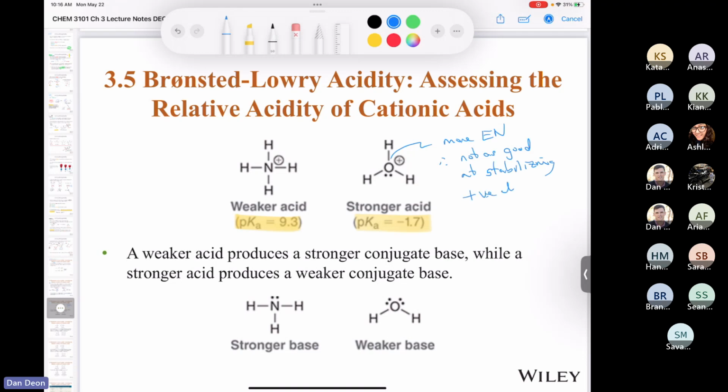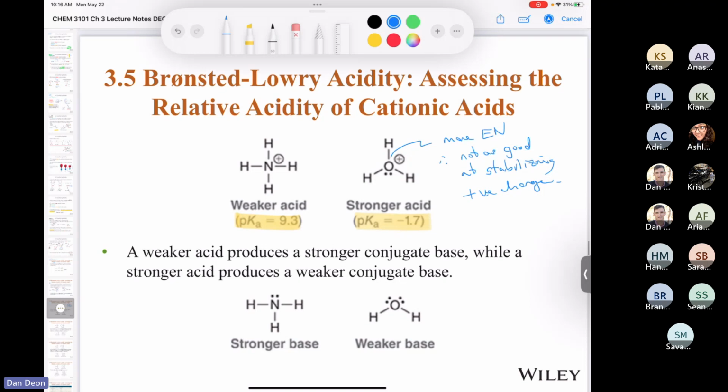positive charge. All right. So the conclusion is, if we have a weaker acid, the weaker acid is going to come from a stronger base, right? And the stronger acid is going to come from a weaker base. And so the conclusion is that ammonia is going to be a stronger base than water. It's not a strong base like hydroxide, but it is a stronger base. It's a better proton acceptor than water.